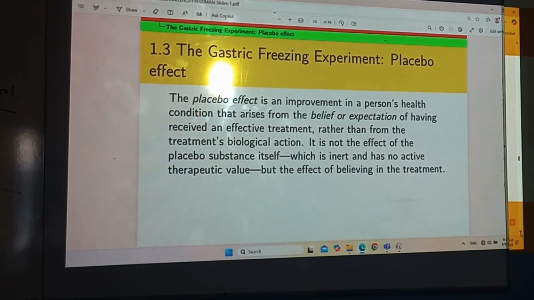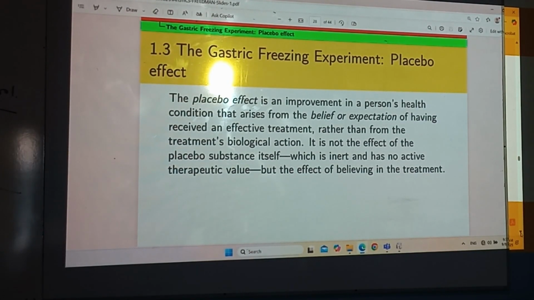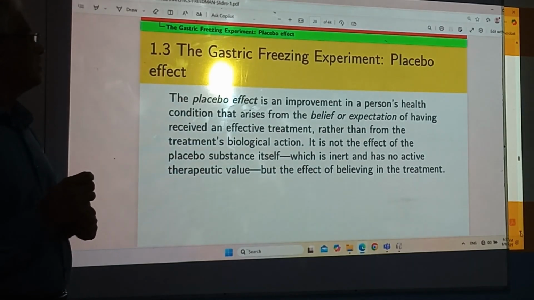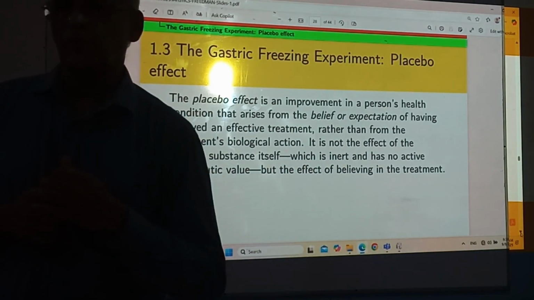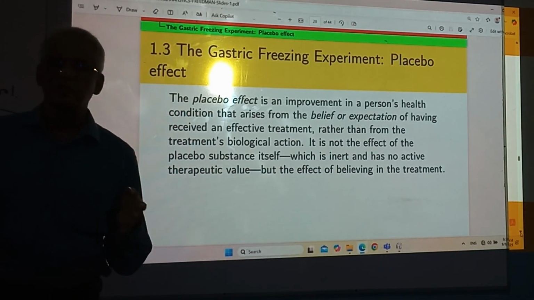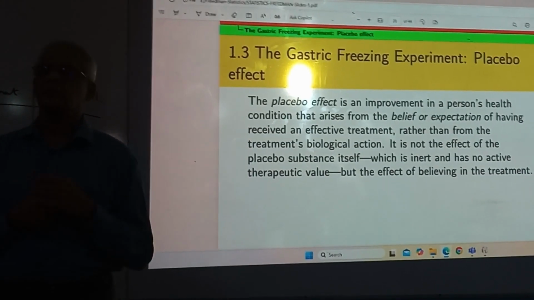So here I have actually modified my note a little bit to explain about the placebo effect. A little bit about the placebo effect. So the placebo effect in an experiment is a change in a person's health condition that arises from the belief or expectation of having received an effective treatment. So when the person thinks that he has got a treatment, he doesn't know whether it is a placebo or the real treatment.